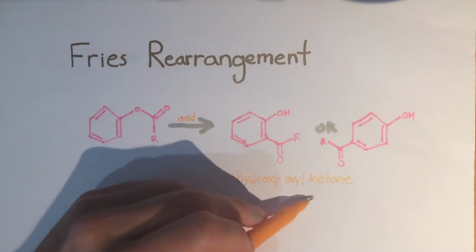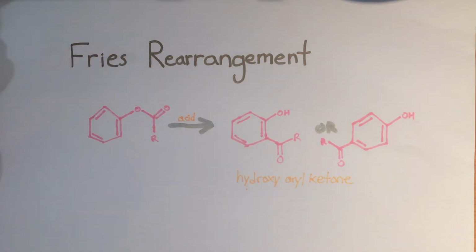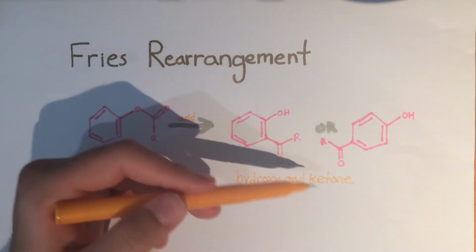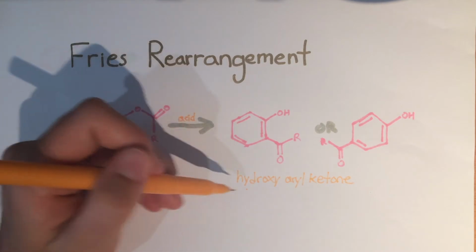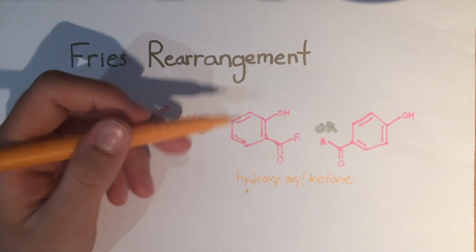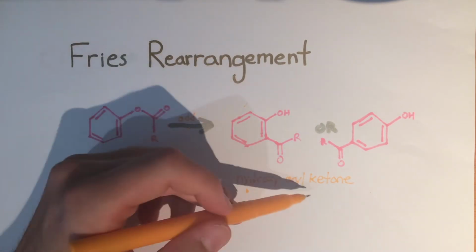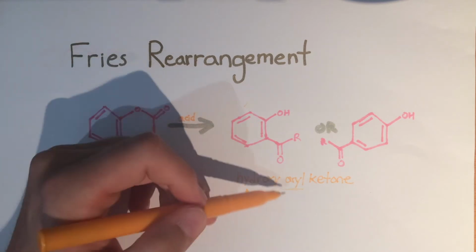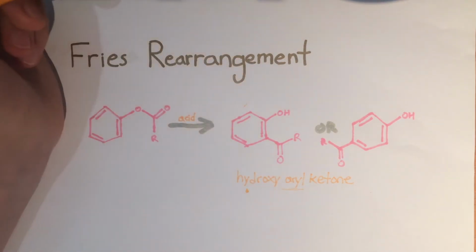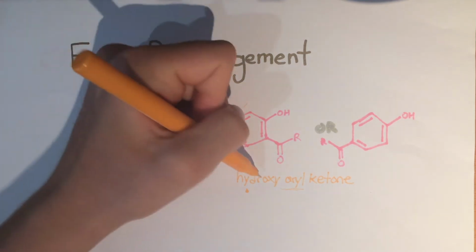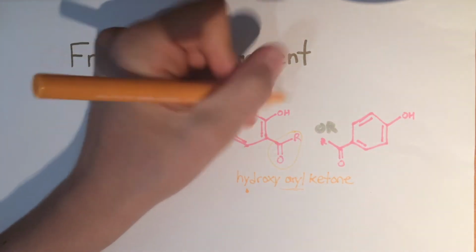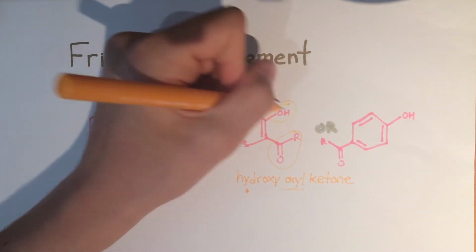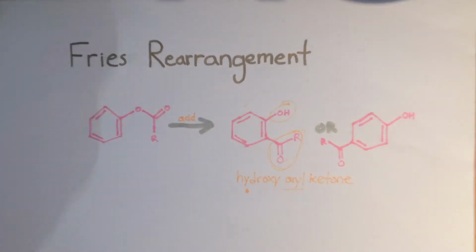A hydroxyaryl ketone is basically a ketone group that's flanked by a hydroxyl group on an aromatic ring, which is why it's aryl. And so this creates a hydroxyaryl ketone group.